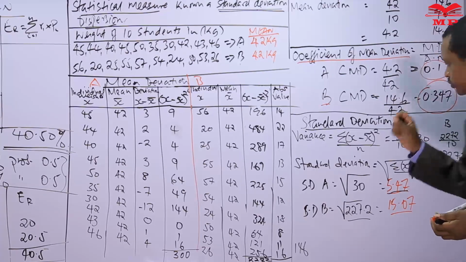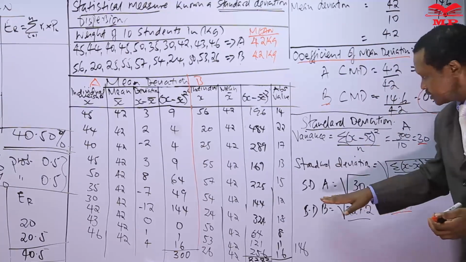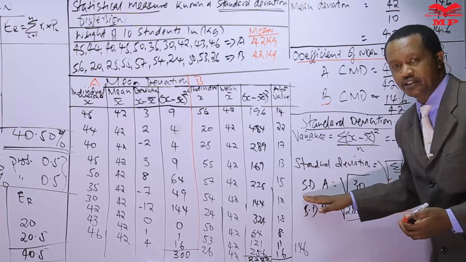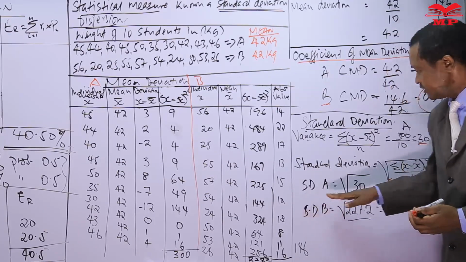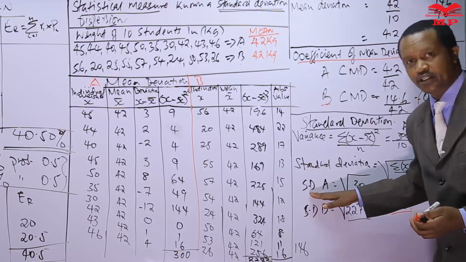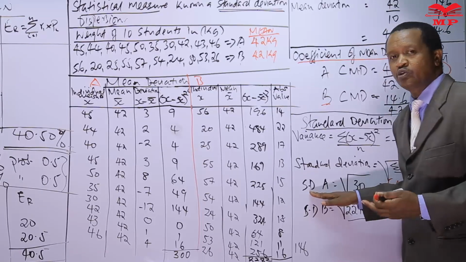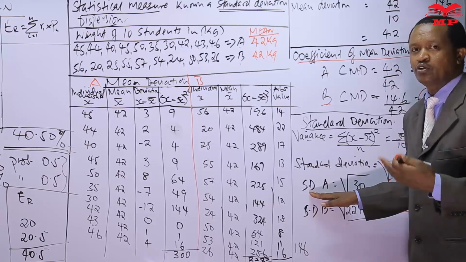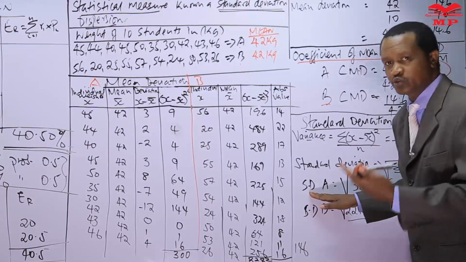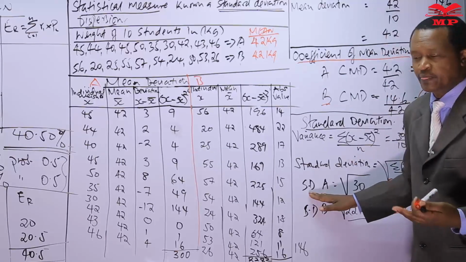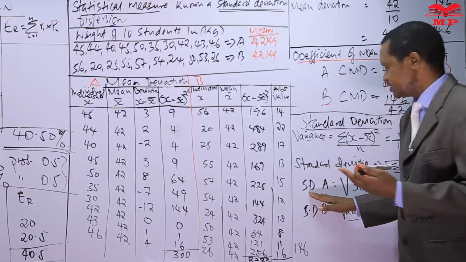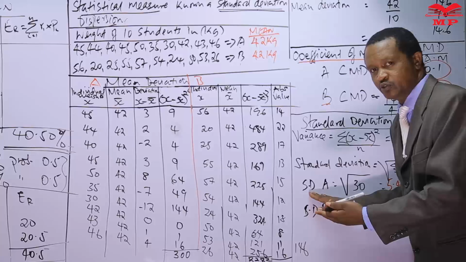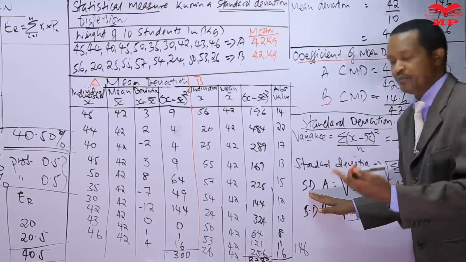Now, when you divide the standard deviation by the mean, you get what we call the coefficient of standard deviation. Coefficient of standard deviation is equal to standard deviation divided by the mean.